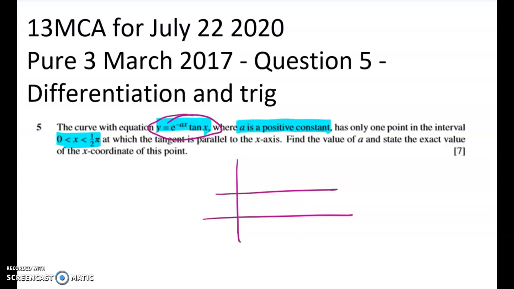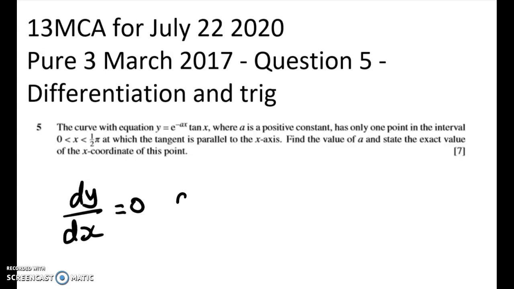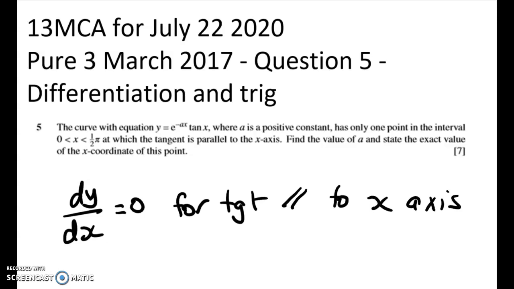Now let's go back and work through the problem with some algebra and calculus and see what we can figure out. We'll start by differentiating. dy by dx is equal to 0 for the tangent to be parallel to the x-axis.